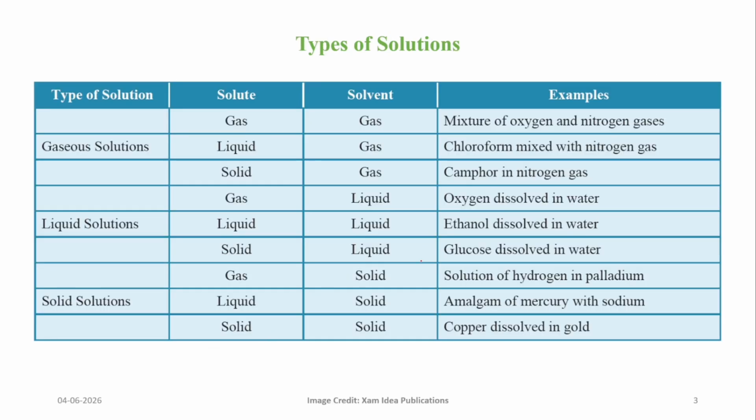These are the various combinations of solution which are possible. If the solvent is gas, we call it a gaseous solution. If the solvent is liquid, we call it a liquid solution. If it is solid, we call it a solid solution. This is also in the grade 9th chapter, solution, suspension and colloids.